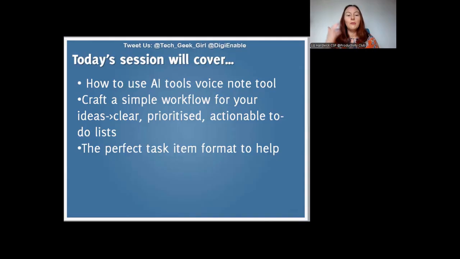This is how you get the best out of creating each individual task item, with the likelihood you're much quicker, speedier, much more likely to actually action the task list. So that's kind of what we're going to do with the session.